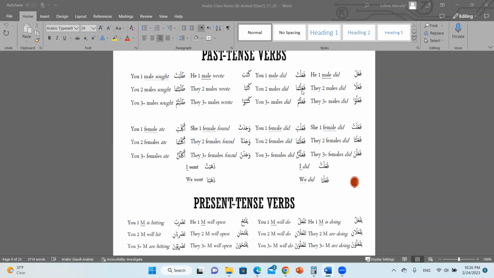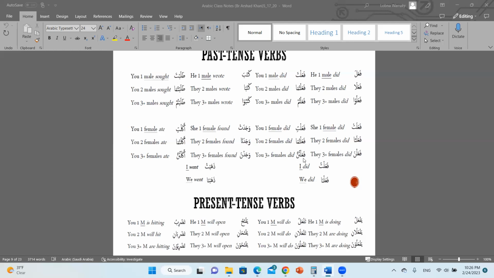Fa'altuma is you both did, and the tuma is the added word, and the lam takes a sukoon. Fa'altum is three and above males did, like saying you all did. And for female, you did, you'll say fa'alti. And for two people, male and female, it's the same form, fa'altuma. And then you all did, referring to females, fa'altunna.